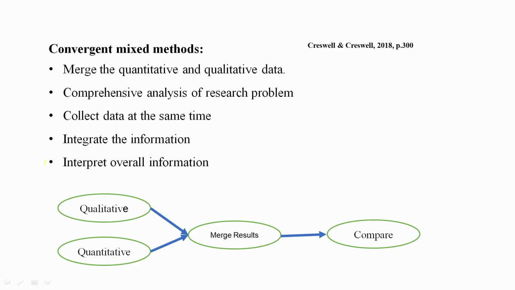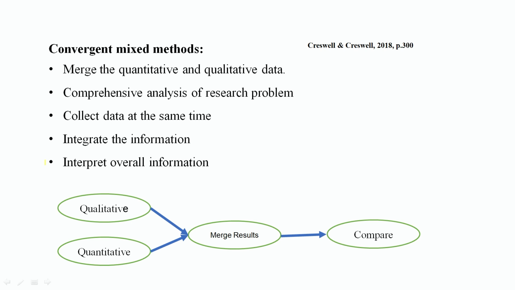There are 3 types of mixed methods. The number one is convergent mixed methods. In convergent, the researcher collects the data at the same time, that is qualitative data and quantitative data are collected at the same time, and then the analysis is done, then relate the findings and come to the interpretation.